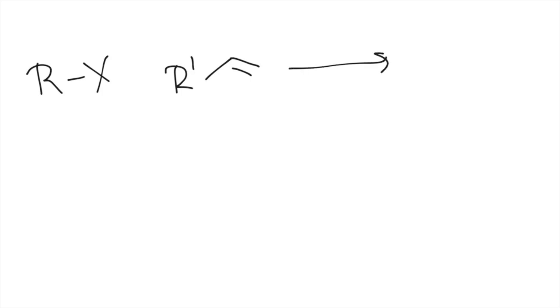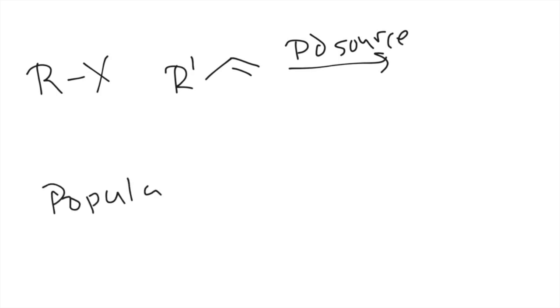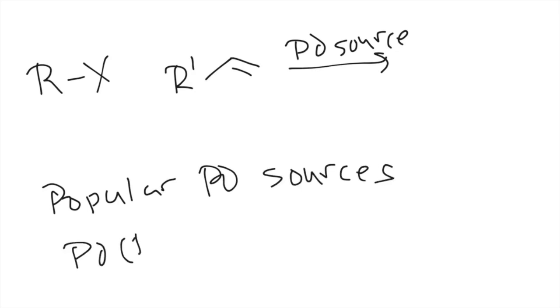Then usually above the arrow, sometimes below, you'll have your palladium source listed, either with a ligand or as a salt. The popular palladium sources that you'll see frequently are, like I showed you, palladium tetrakis.